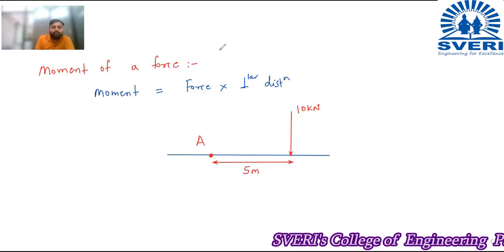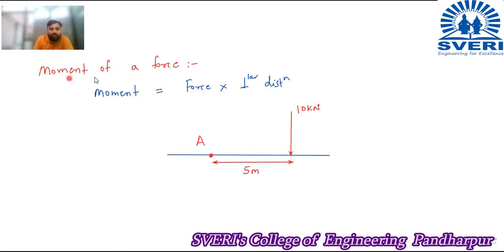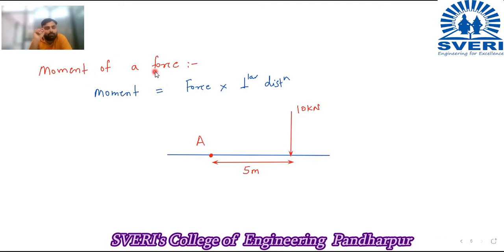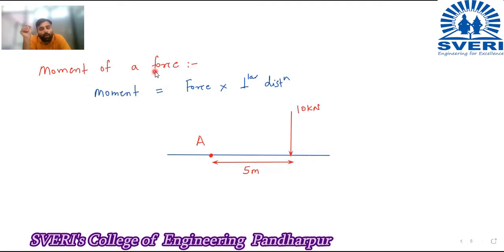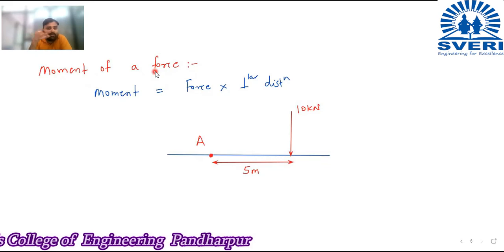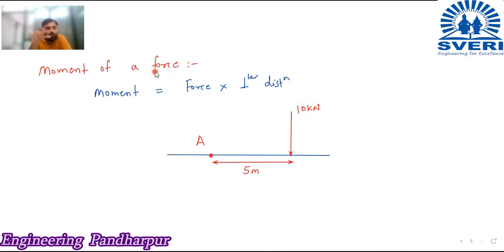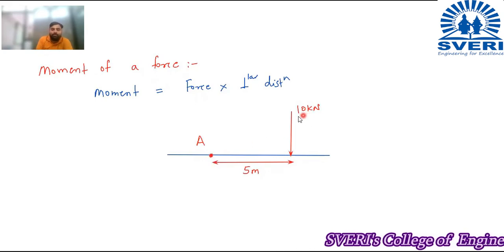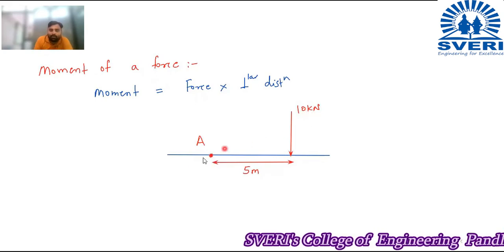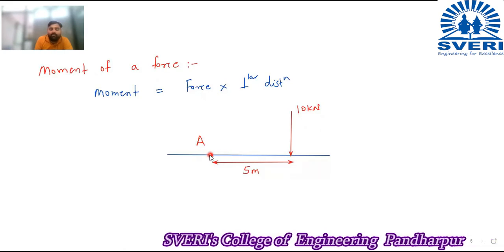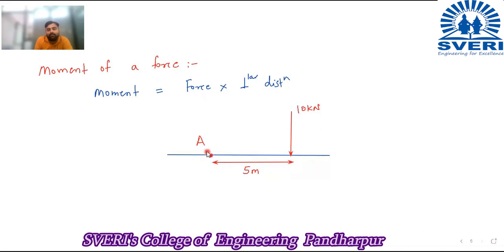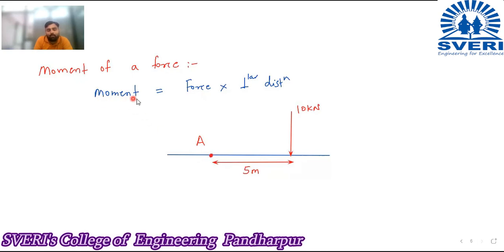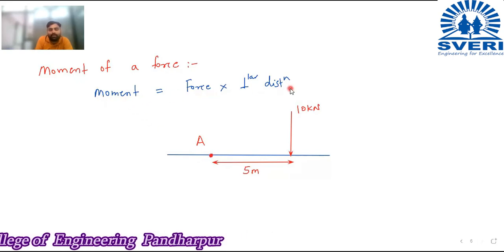Now see what is the concept of moment of a force. The moment can be calculated at any point in a given system of forces or in a body. Suppose I want to calculate the moment at point A of this force. What is the moment of this 10 kilonewton force about point A? The formula is moment is equal to force into perpendicular distance.